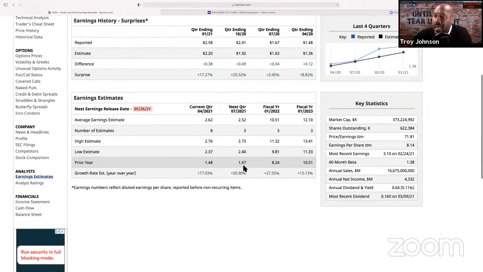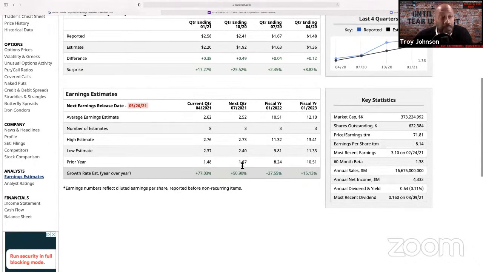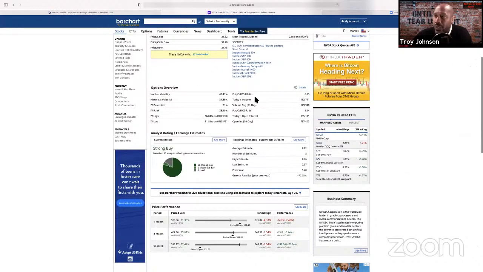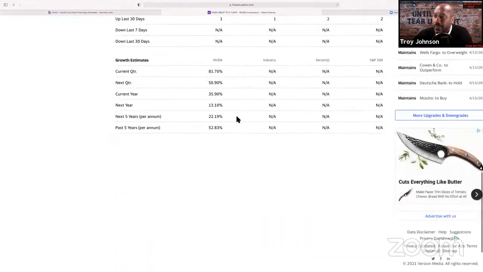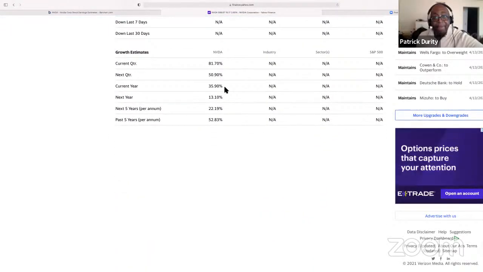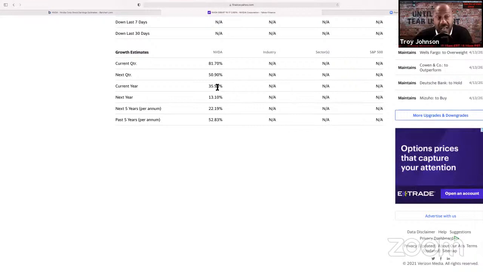So no, it's the same. Over the next quarter, expect a 51% growth. Yahoo is saying 51%. Current year, they have 35%, and then next year, 13%. Over a 5-year period, 22% growth.